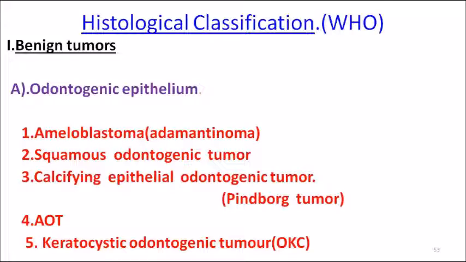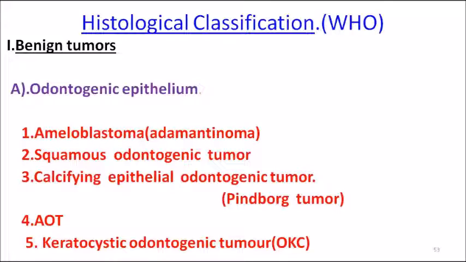The first group of benign tumors are those originating from odontogenic epithelium. The first one is ameloblastoma. Secondly, squamous odontogenic tumor. Thirdly, calcifying epithelial odontogenic tumor, otherwise known as Pindborg tumor. Fourthly, AOT, that is adenomatoid odontogenic tumor. And the last one, keratocystic odontogenic tumor.